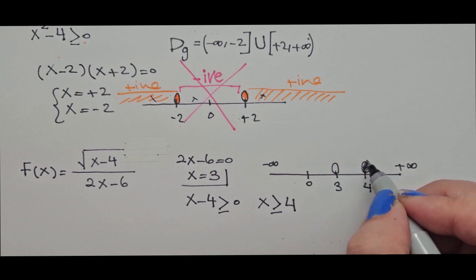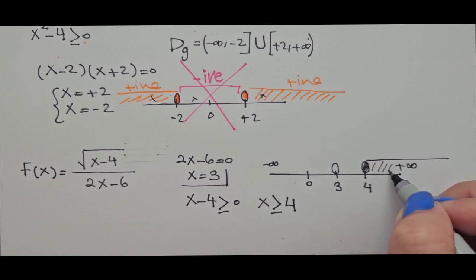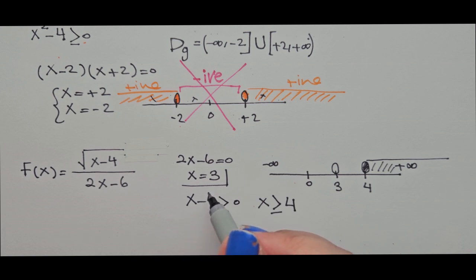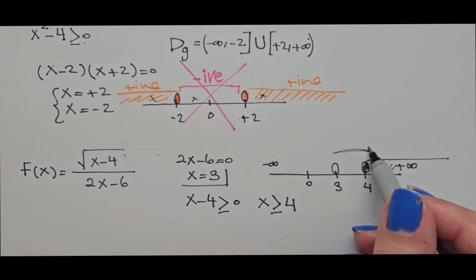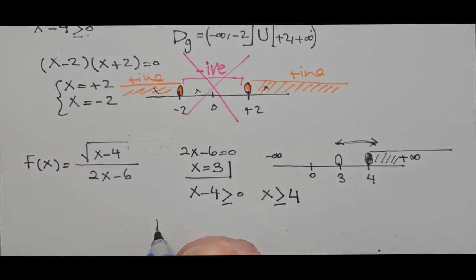So all the values greater than 4, and then the other condition is that x should not be 3. So if I do an intersection of these two, the final domain will be from 4 all the way to positive infinity.